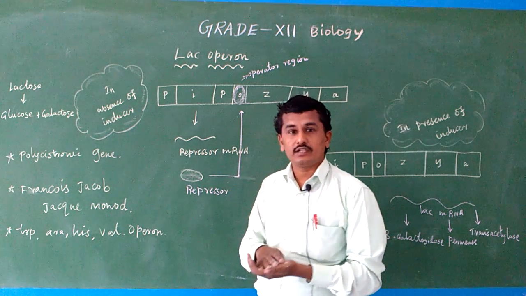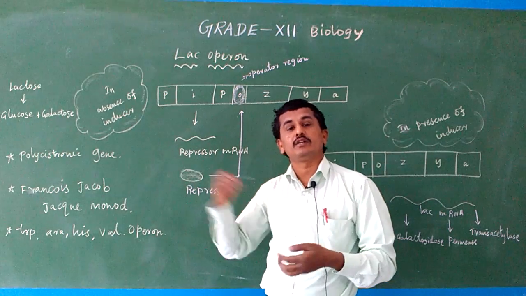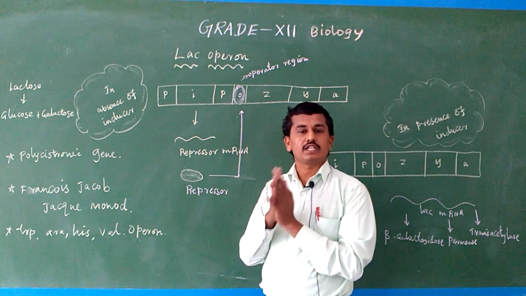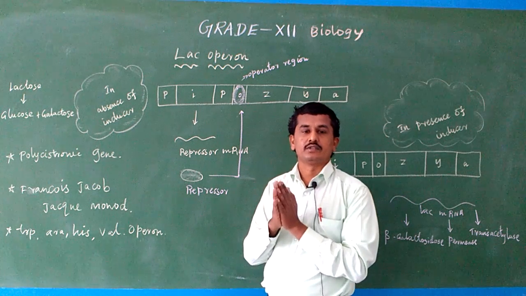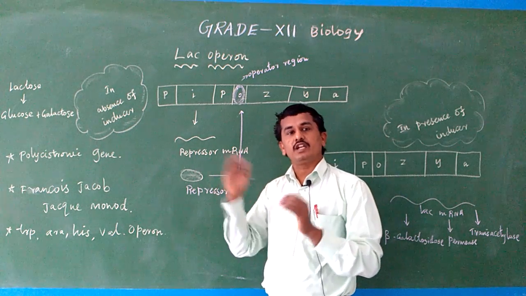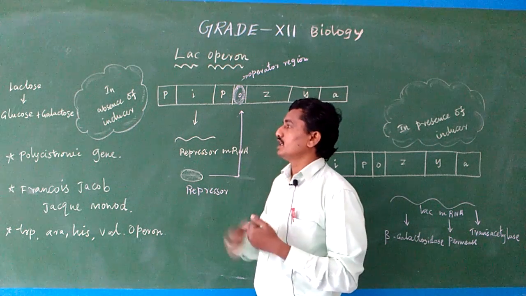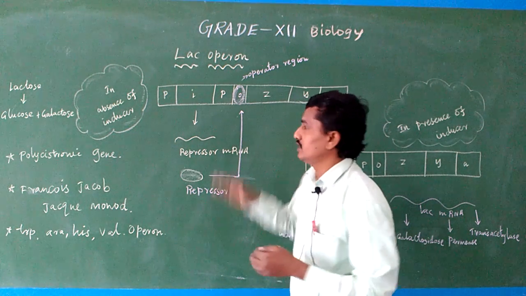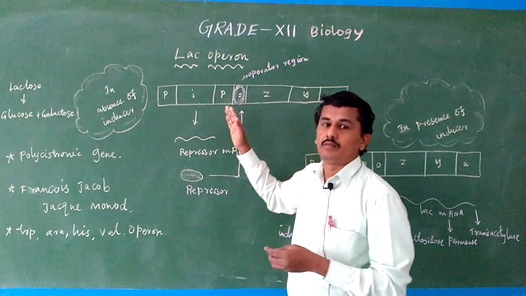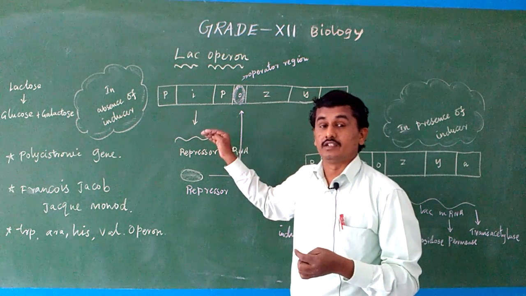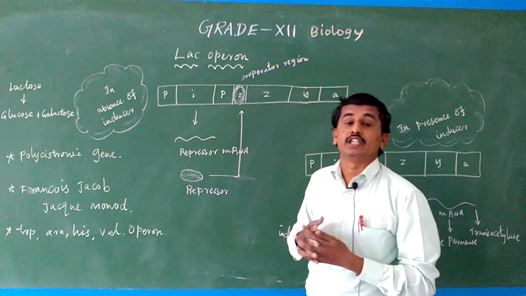So characters are also controlled by some external factors. Until now we have studied that gene only controls the characters. Yes, correct. But sometimes external factors also control the character, and one example is prokaryotic cells, bacterium, where external factors control gene expression.